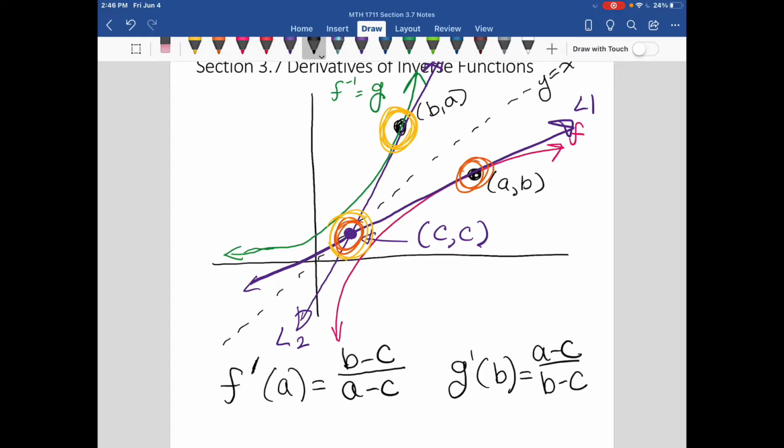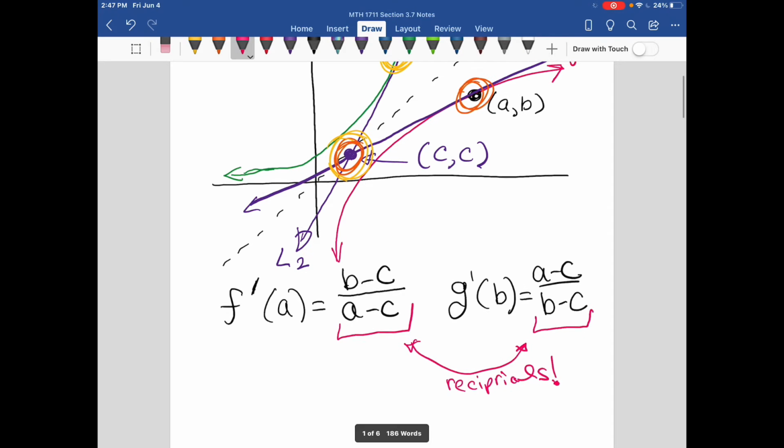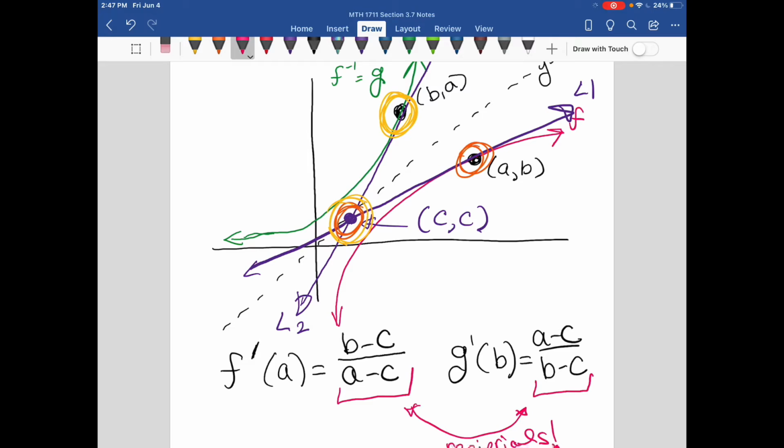I take the difference in my y's, which would be a minus c, over the difference in my x's, which would be b minus c. Now, if you notice, the slope of tangent line 1 is the reciprocal of tangent line 2. These are reciprocals. So there is our relationship.